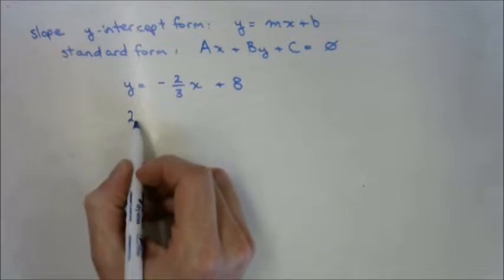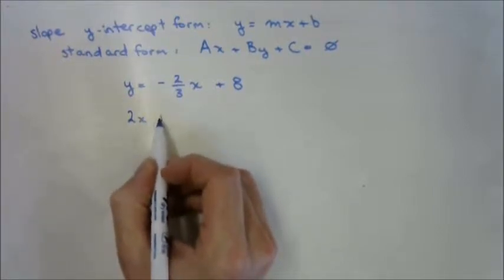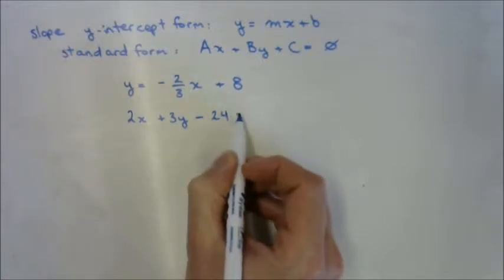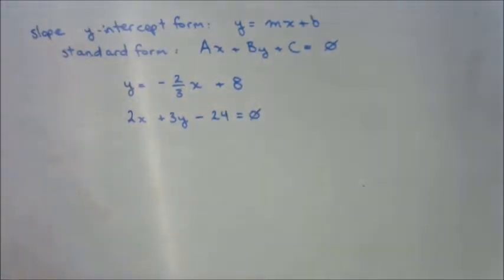It would end up being 2x plus 3y minus 24 equals 0. Okay, they're the exact same line. So if you had to graph either one or convert them back and forth, this would work out. It's just written in a different form.